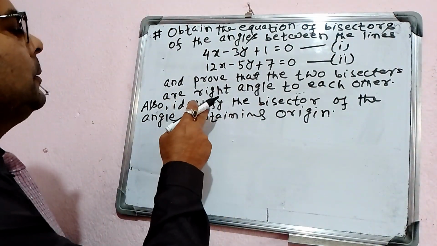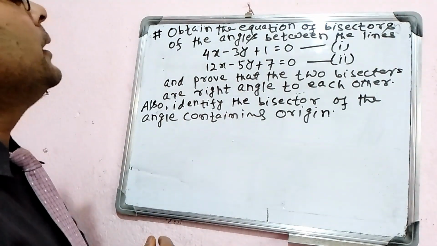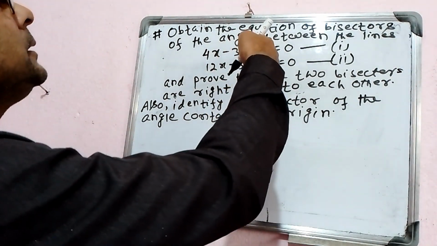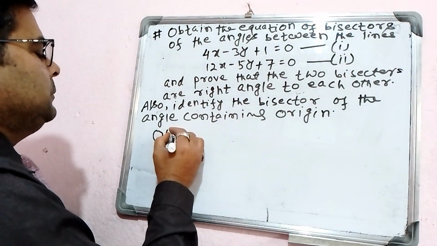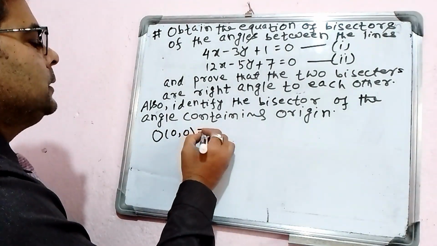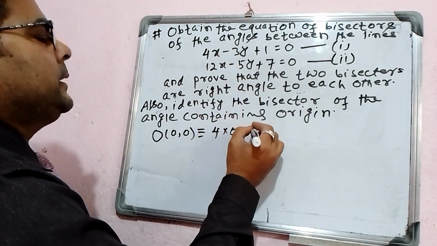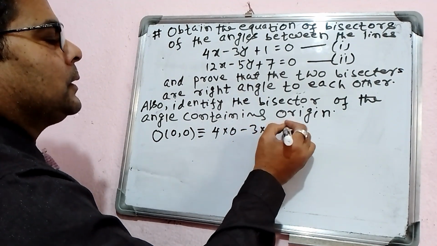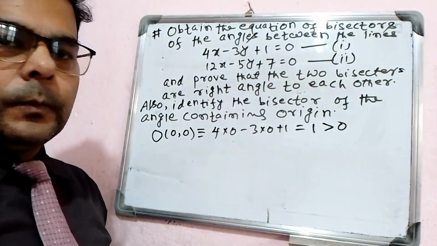So let's first talk about how to identify the bisector of the angle containing the origin. Here you can see this is 1 and 2. About the origin, just like we have done in the previous question, we put 0, 0 in equation 1, so it is 4 times 0 minus 3 times 0 plus 1, which gives 1, bigger than 0.